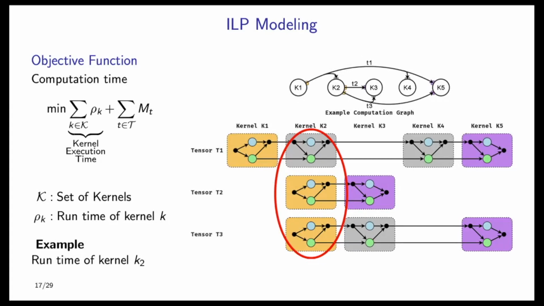What we would do is look at the region of the flow networks for all the tensors that are an input or output for kernel K2. By investigating the flow network, we can determine the location of all of the input and output tensors, whether they be in persistent memory or DRAM. Then, using that information and the information we got from profiling earlier, we can determine the expected execution time of the kernel. And then we can do this for every kernel in the graph.